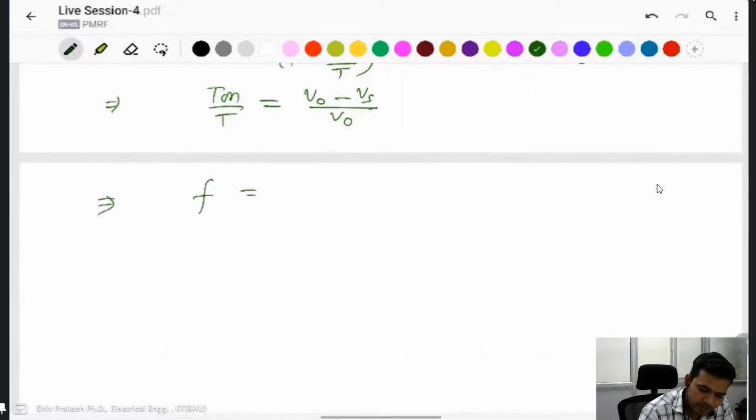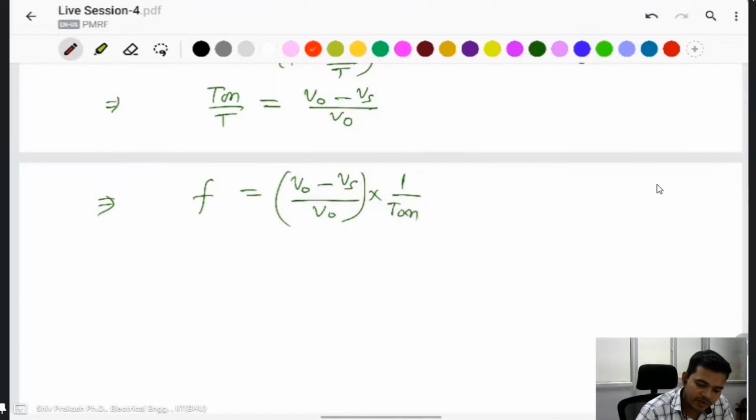Frequency is V naught minus Vs divided by V naught times 1 over T on. You can ask about the maximum frequency. Maximum frequency occurs when Vs is minimum in this condition.